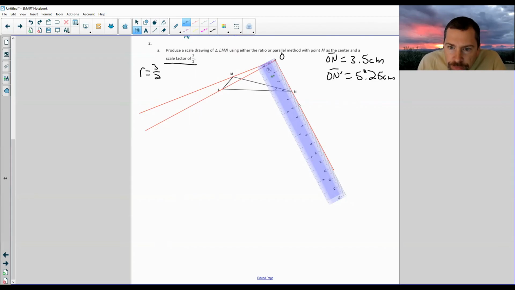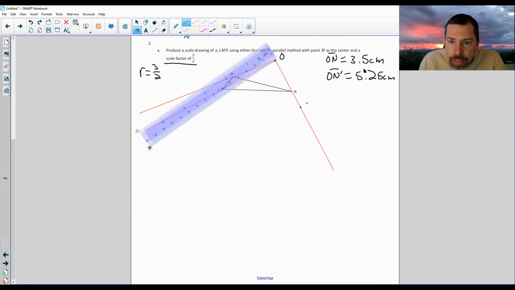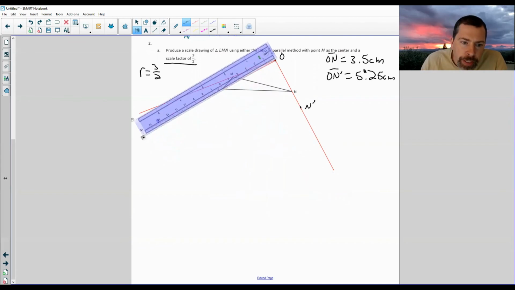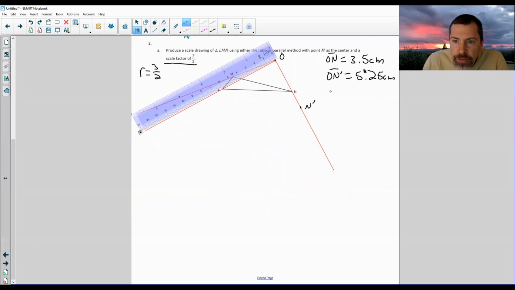5.25 is right here. So rotate this. That is N prime right here. I'm then going to rotate this over to my line OL. Measure from 0 to L, and it's 6.